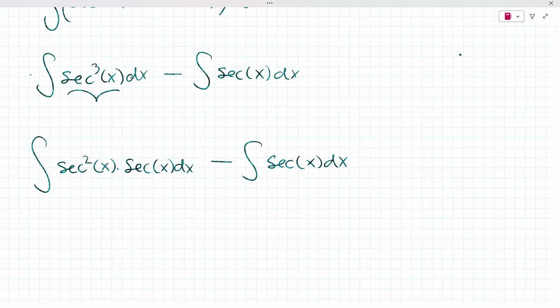How do we do this? Well, this one's easy. The integral of secant of x is... what is the integral of secant of x? Get it?